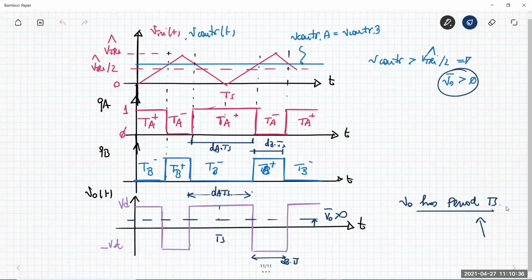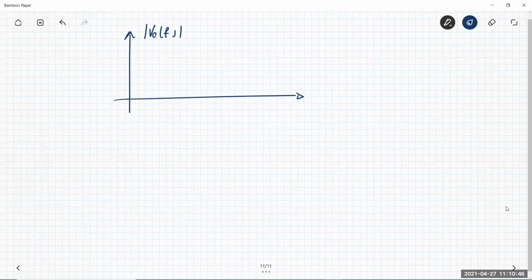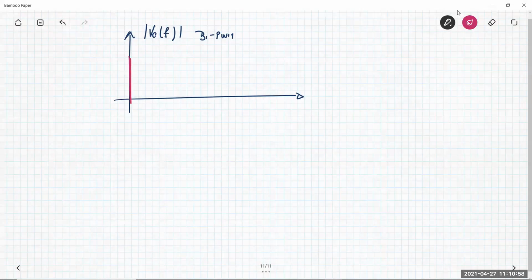Okay, so if you want to consider the output spectrum for the bipolar, you can get the output voltage, and this is dA minus dB.